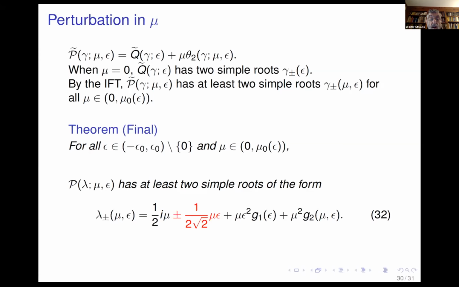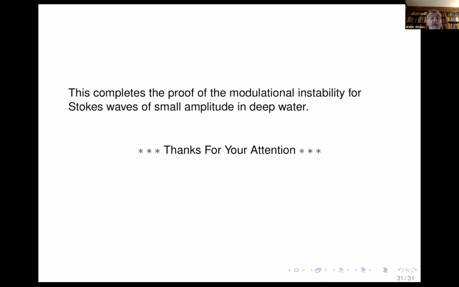So for mu and epsilon small, those 2 last terms in 32 are negligible. And that's the proof. I hope this has been understandable. A little bit rushed, sorry, but there should be a few minutes for questions. Thank you.